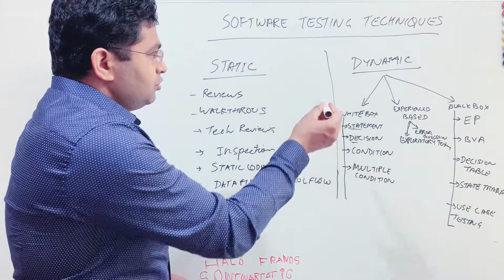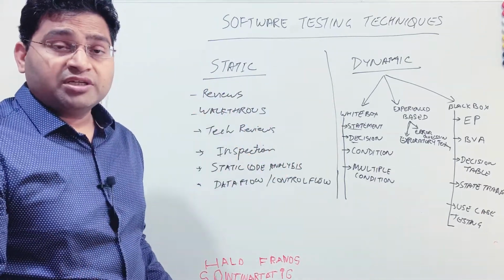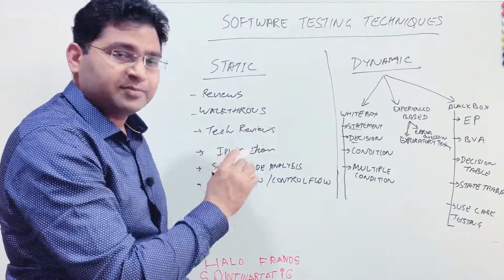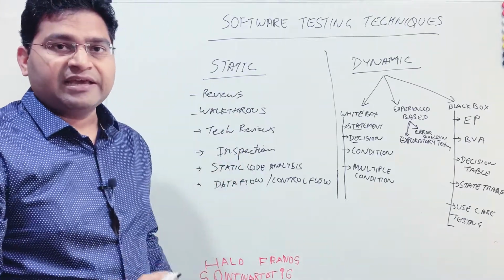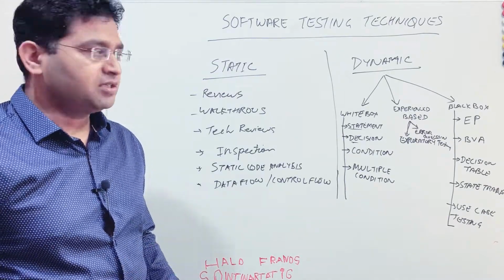Okay, so static and dynamic testing are explained in much detail in the ISTQB tutorial series, which is already on my YouTube channel, and it covers all the aspects of the ISTQB certification.